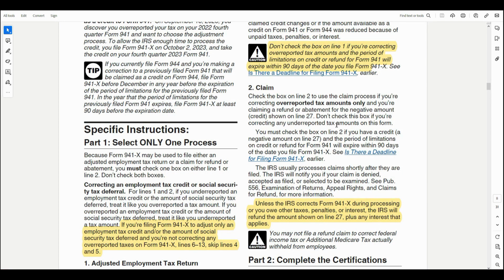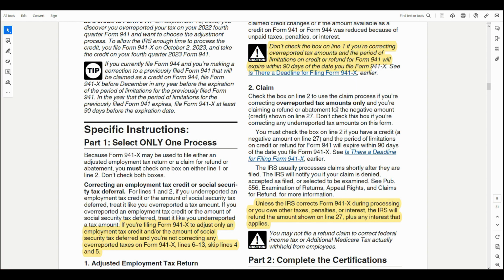unless you're within the 90 days here on the instructions. So don't check box on line 1 if you're correcting over-reported tax amounts, and the period of limitations on credit or refund for Form 941 will expire within 90 days of the date you file Form 941.